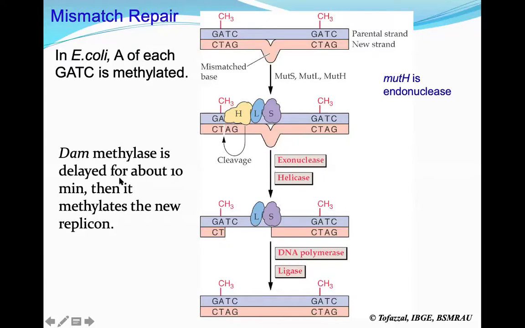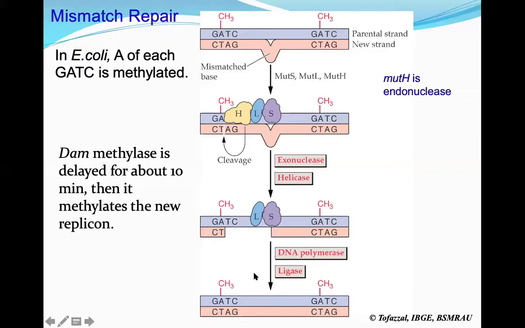Then methylase is delayed for about 10 minutes, then it methylates the new strand. You see, it is cut because it is wrongly methylated here, and MutL, MutS, MutH participate and then correct it.